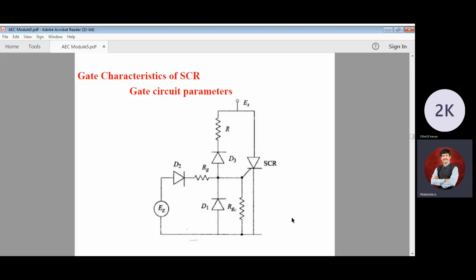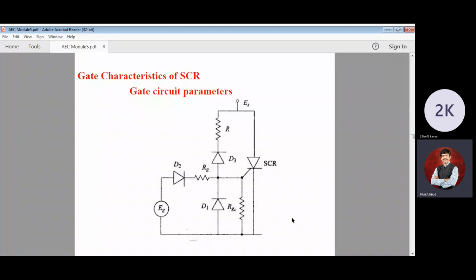to generate. Now, we have ES, that is this one. ES has been given to your anode to cathode. For this anode to cathode, I am giving a source voltage. Refer to this diagram.